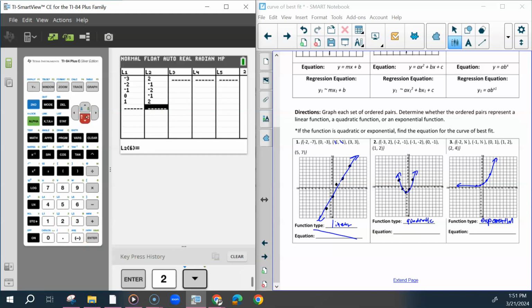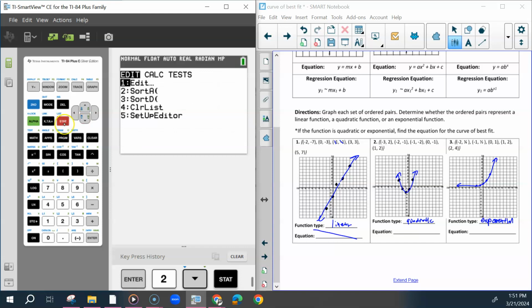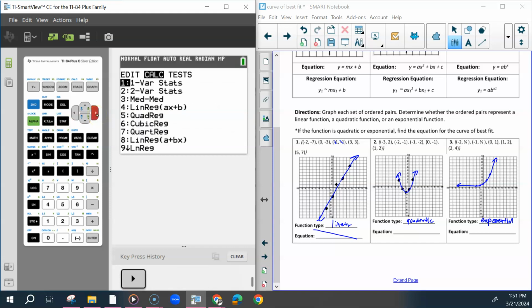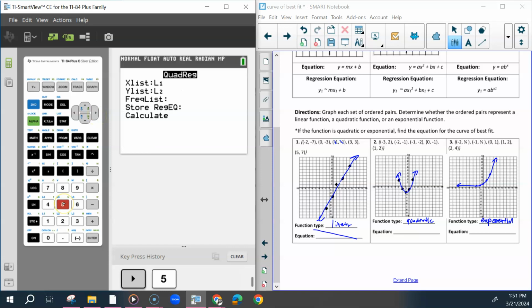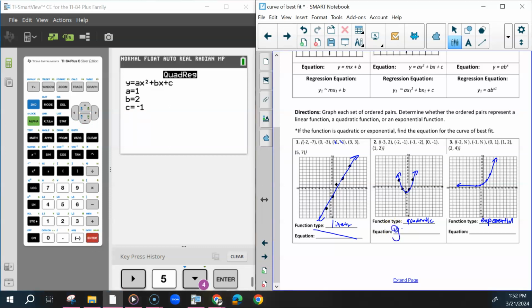And then I'm going to go into Stat again, scroll over to Calc, number 5, quadratic regression. And I just need the equation, so I'm not going to store it this time. And I'm given the format, so this is going to be y equals 1, or you can leave it off, x squared plus 2x minus 1.